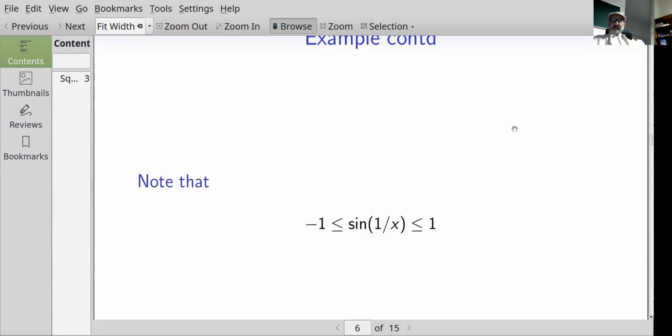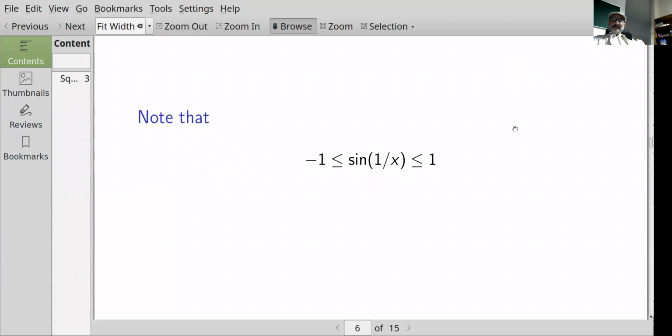So we'll follow much of the same reasoning that we did for a previous example. Note that the sine of 1 over x lies between minus 1 and 1, wherever on the domain of this function. Okay, so minus 1 is less than or equal to sine of 1 over x is less than or equal to 1.